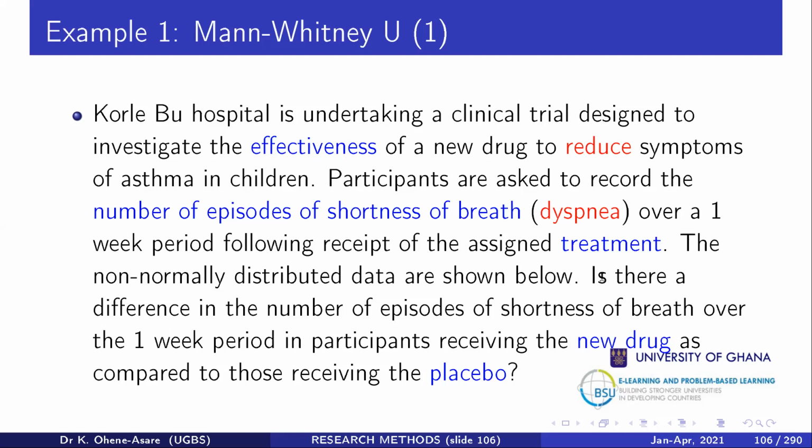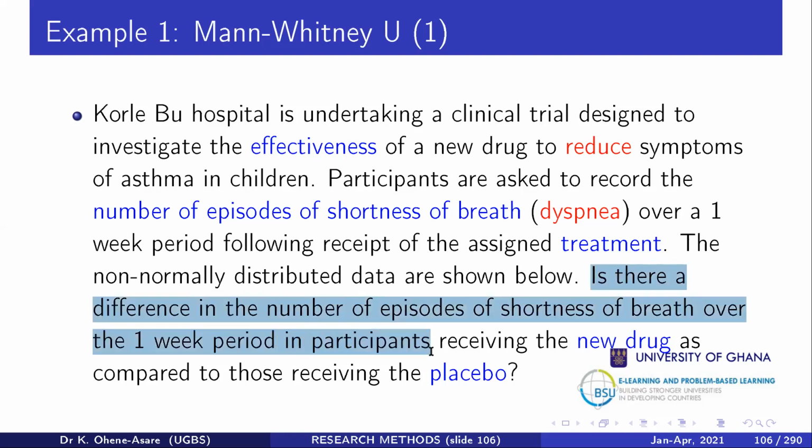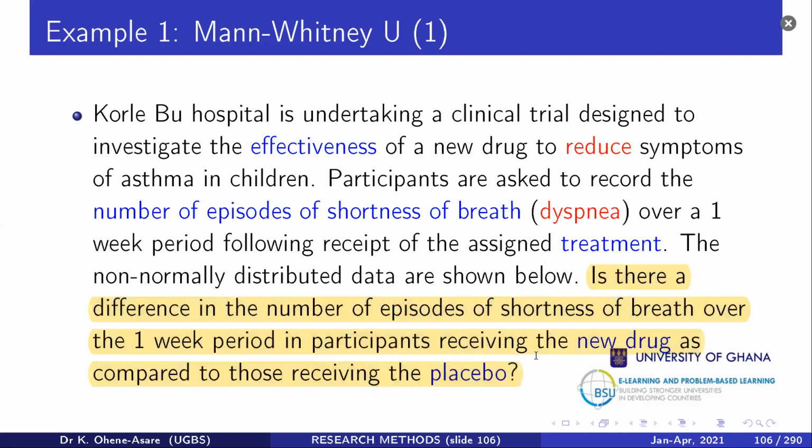Question: is there a difference in the number of episodes of shortness of breath over the 1 week period in participants receiving the new drug as compared to those receiving the placebo? In short, we want to understand whether that new drug was even effective at all.